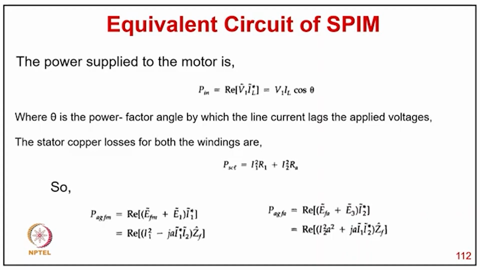The static copper loss for both windings is now P_SCL equal to I1 square R1 plus I2 square R_A, and P_AGFM will be the real part of P_FM plus E1 I1 conjugate, or equal to the real part of I1 square minus J I1 conjugate I2 bracket, and then Z_F. Similarly, P_AGFA for the auxiliary winding will be the real part of P_FA plus E3 I2 star, or equal to the real part of I2 square A square plus JA I1 I2 conjugate into Z_F.